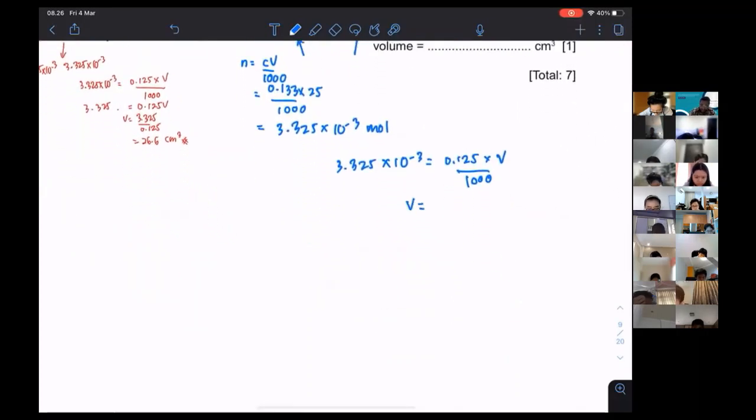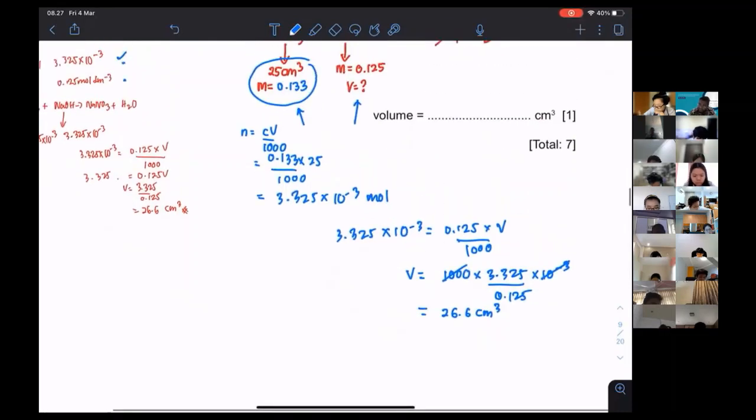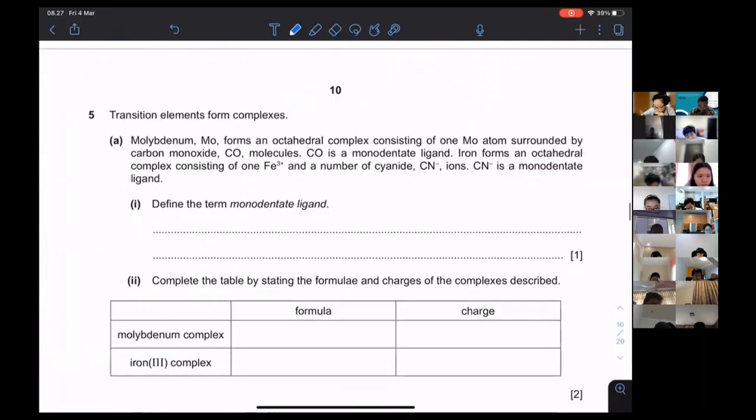So I calculate 1000 times 3.325 times 10 negative 3, divided by 0.125. When I calculate that, I'll get 26.6 cm cube. That's it.